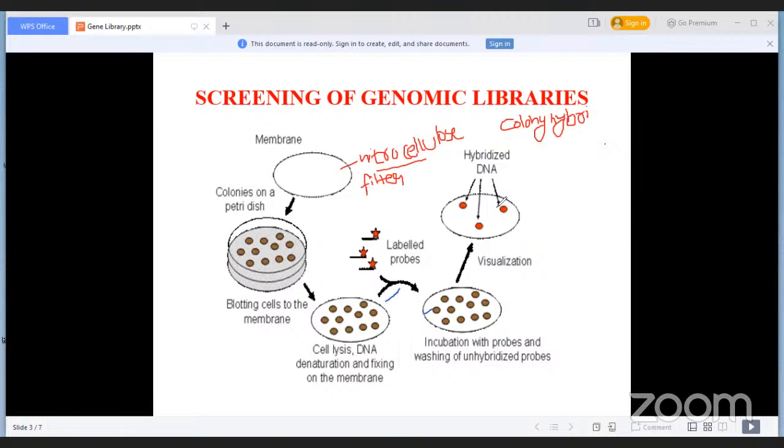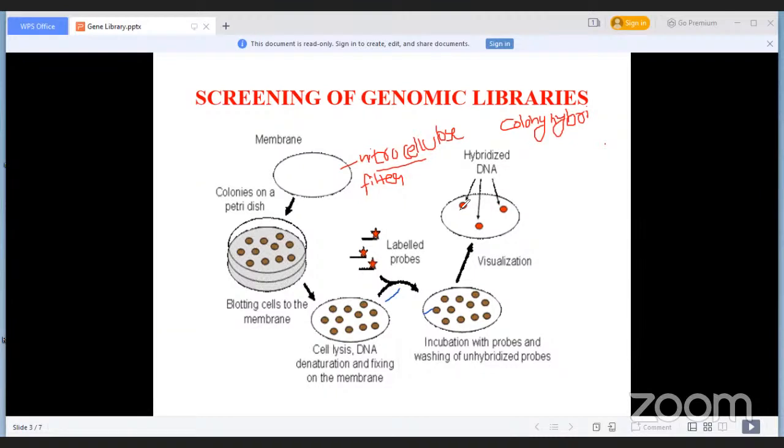That's why this is a plasmid-based genomic library. The host bacteria contain the plasmid, because we already extracted the plasmid from the bacteria. So that is the vector, and the vector host is bacteria, right?